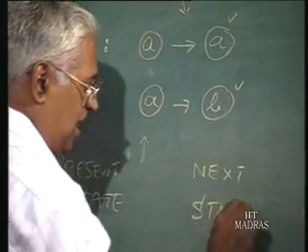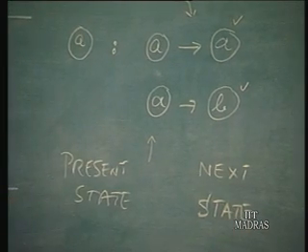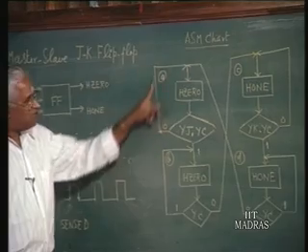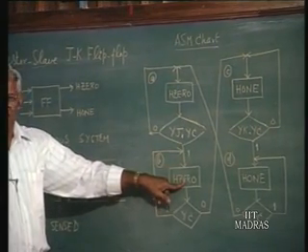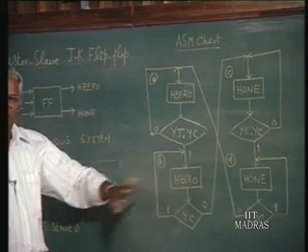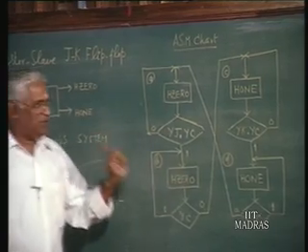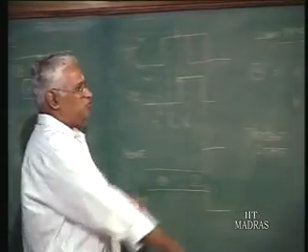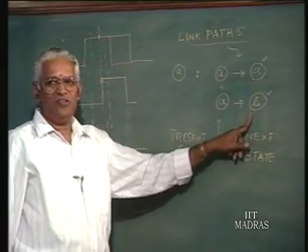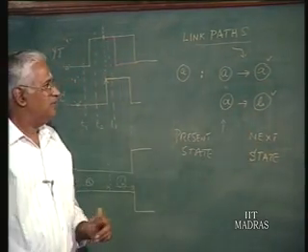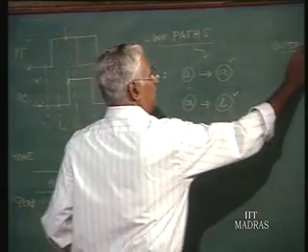And as I was telling you in the previous lecture, we have a false next state and a true next state. Right? We have arranged it that there are only two paths. Good. So it so happens that the false next state is A and the true next state is B. Fine. And that is as far as the next state is concerned.